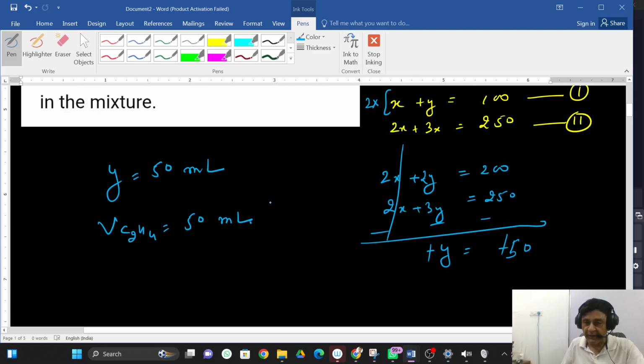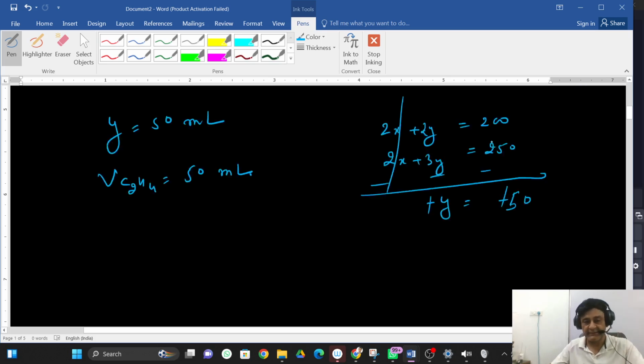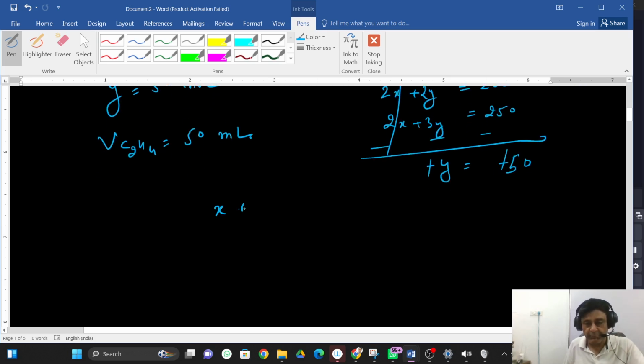Put the value of Y in the first equation to get the value of X. X plus Y is equal to 100, so X plus 50 is equal to 100, so X is equal to 50.